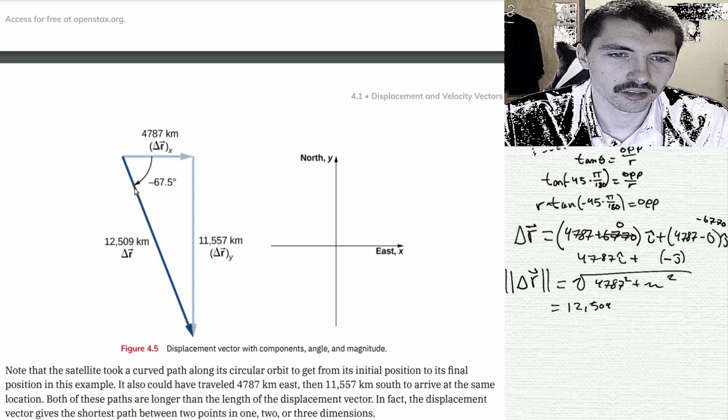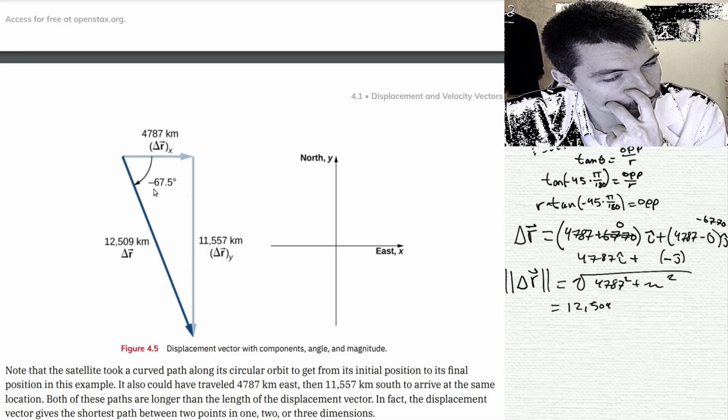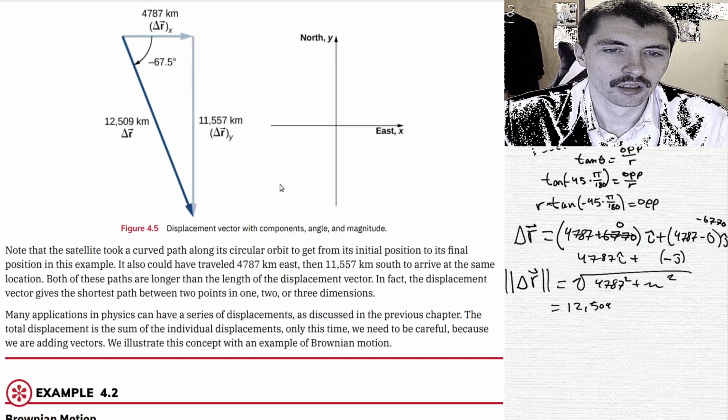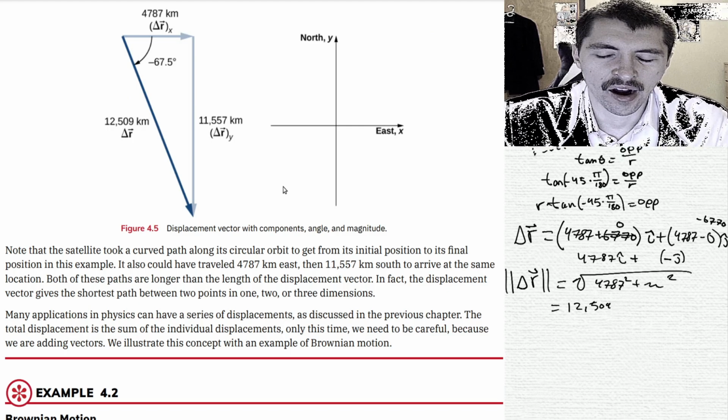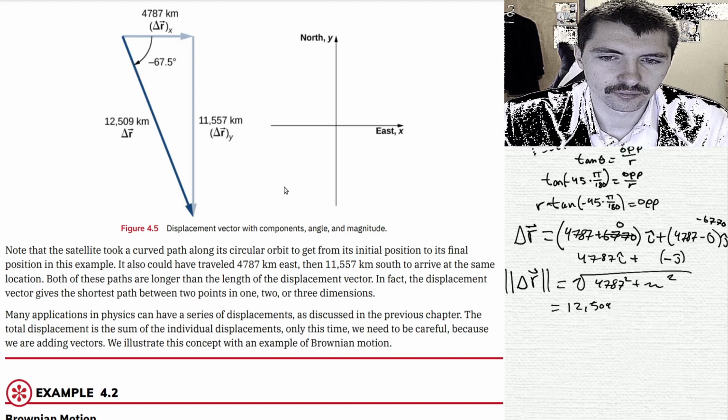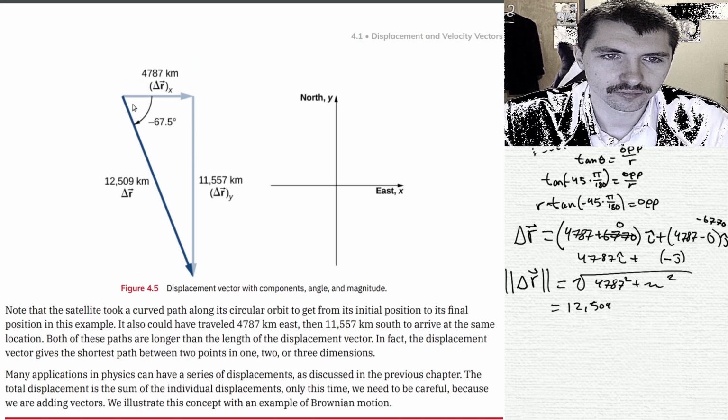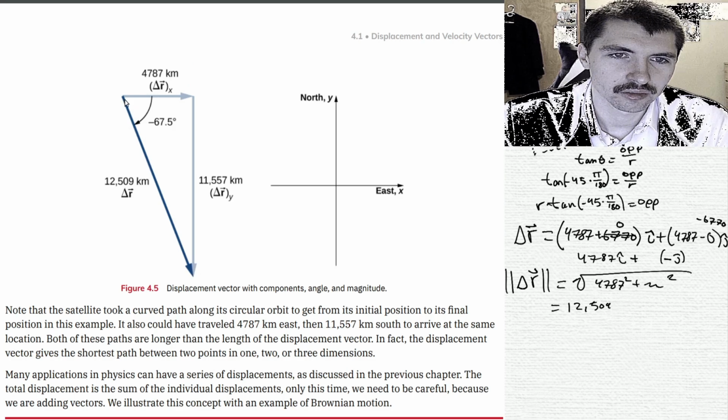So I think it's saying, okay, the satellite that was up here, to get here, it had to go this much east and then this much south.